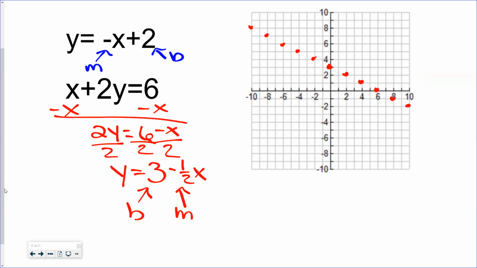So notice, as I went down, I never ended up getting a point, but if I go back up, I do right here get my point, and that's going to be negative 2, 4.